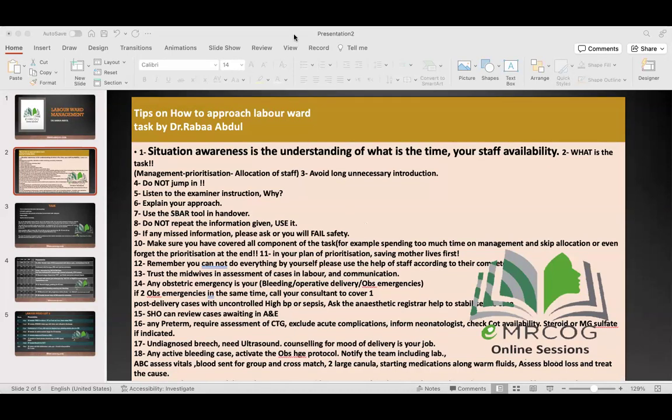Okay, so cases now in triage, and by the way, there is one scientific impact paper, good practice, being published by the college about the maternity triage. And in there, they were giving advice regarding the time of management and how to deal with the cases.